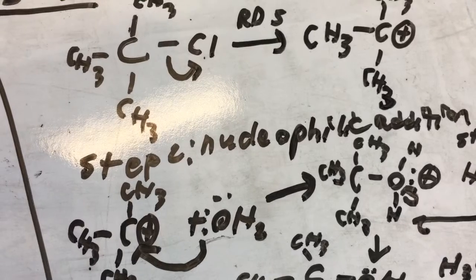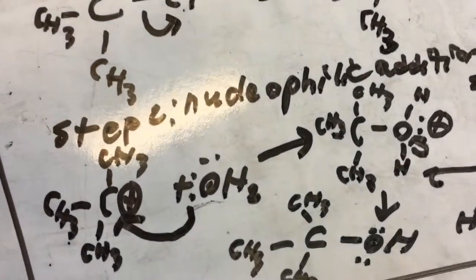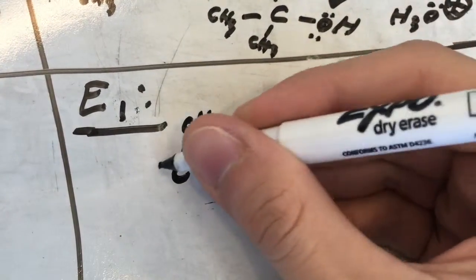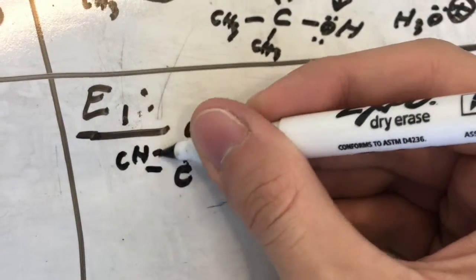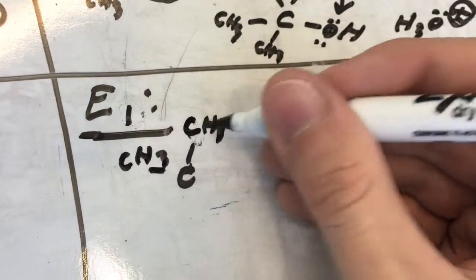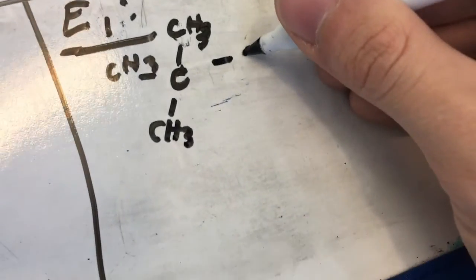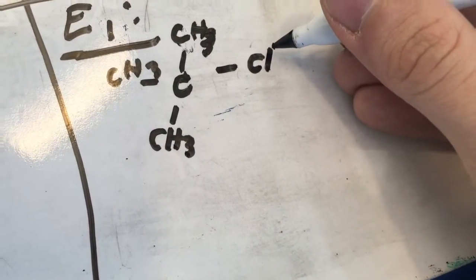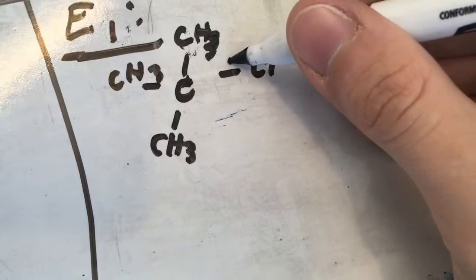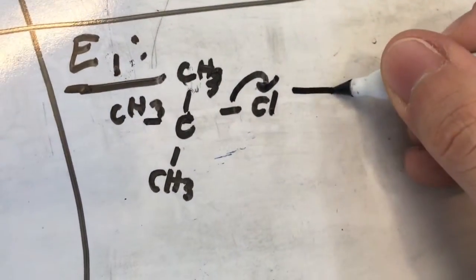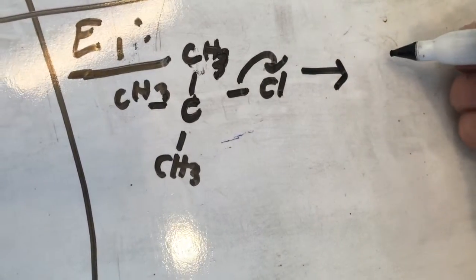So let's go here, competes with SN1, and we have C, CH3, CH3, CH3. I made that clear, it's a C, and let's keep using chlorine. It leaves just like before.